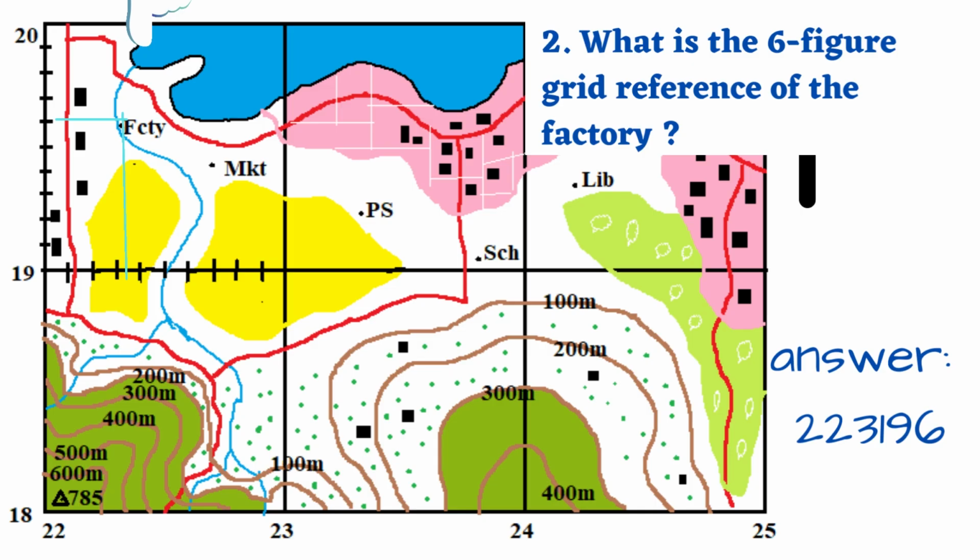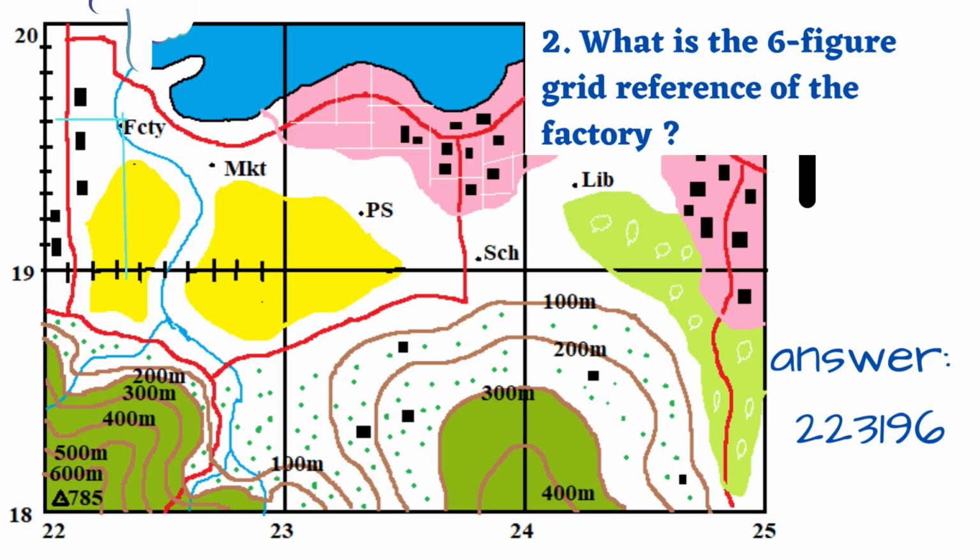Now it's time for you to give the northing. You again will write the value. Notice that the factory is between 19 and 20. So you give the smaller of the two, which is the value to the bottom of the feature, which is 19. So you write down the 19.